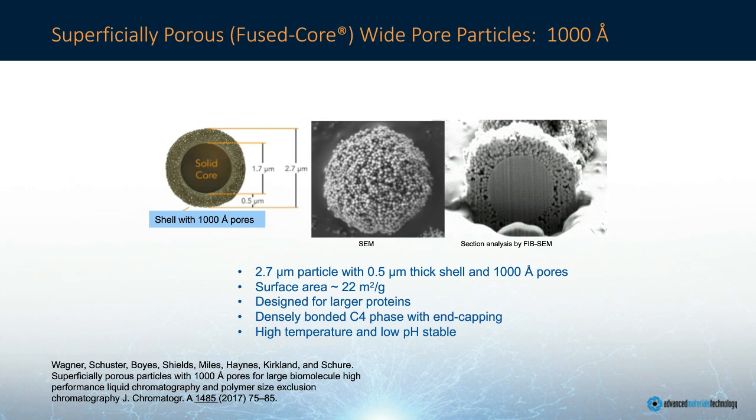The surface area was about 22 meters squared per gram, which is reasonable, and the whole purpose of going to this size was to create a design for a particle that would be optimal for larger proteins. It is densely bonded with C4 phase with end capping, and it's high temperature and low pH stable.